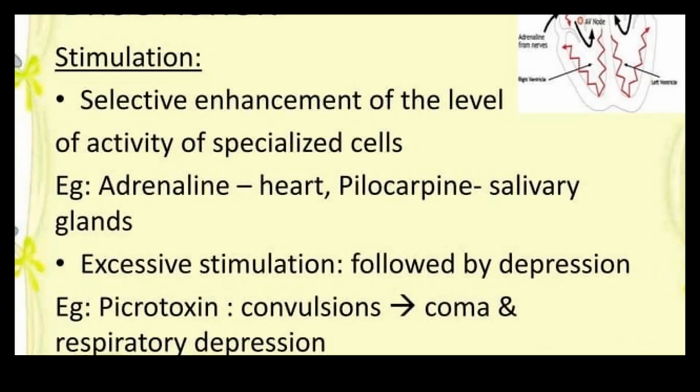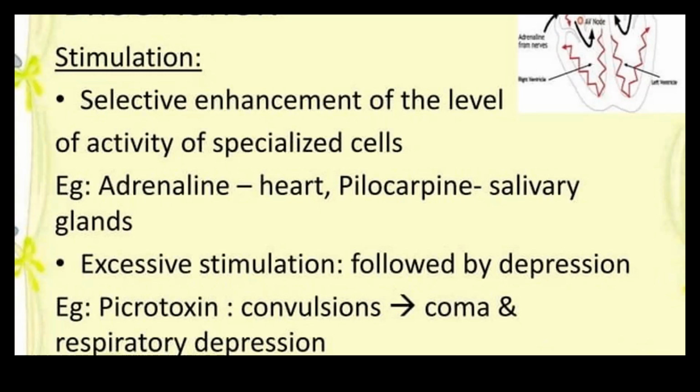However, excessive stimulation is often followed by depression of that function. For example, a high dose of picrotoxin, which is a central nervous system stimulant, produces convulsion followed by coma and respiratory depression. Clear?